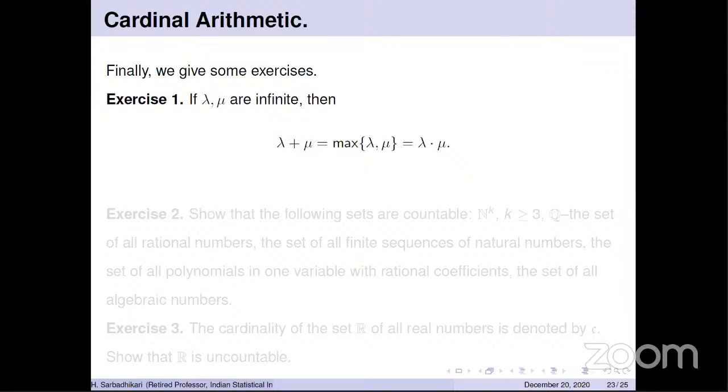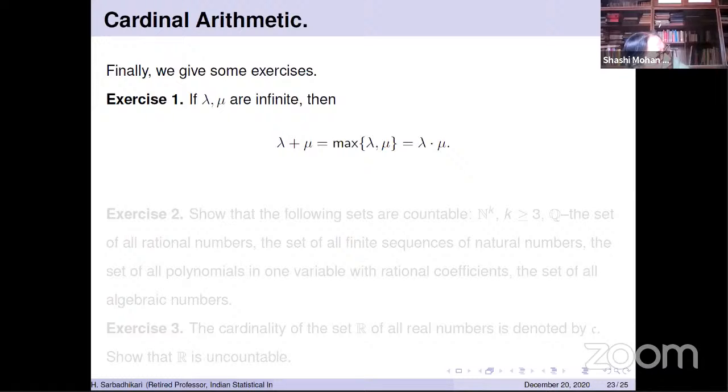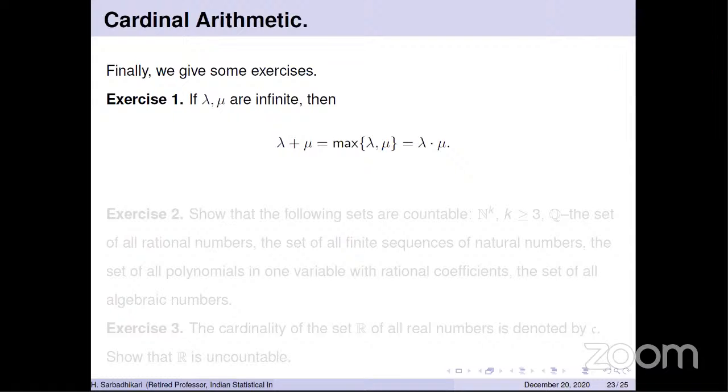Yes, sir. So this, in your mind, will be a function on the collection of all cardinals, lambda going to 2 to the lambda.